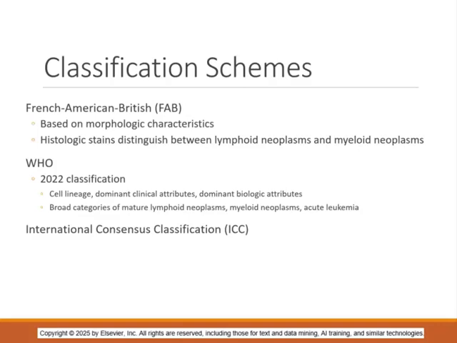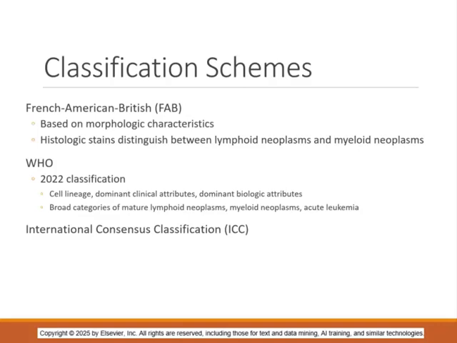We still use the FAB classification because for a while this is all we have until we get results back from flow cytometry, immunophenotyping, molecular cytogenetics, and so on, to give us a better classification. So we have to look at the staining to determine if it's lymphoid or myeloid, and we'll go through all the FAB categories when we get to that chapter.